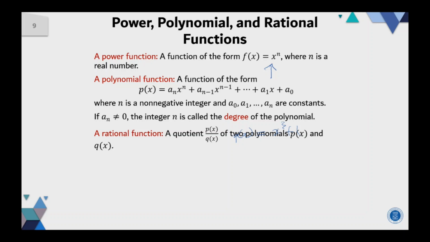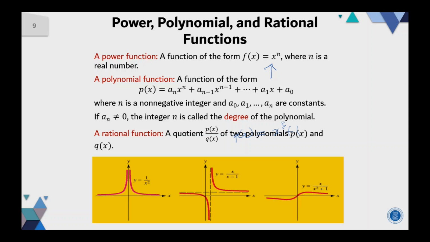All right, and the last one is what we call a rational function. It's just a quotient of 2 polynomials. We have 2 polynomials p and q, and then we take the quotient of those 2 polynomials. So this is some example of a rational function. We have 1 over x squared, which is a quotient of a polynomial of degree 0 and a polynomial of degree 2.